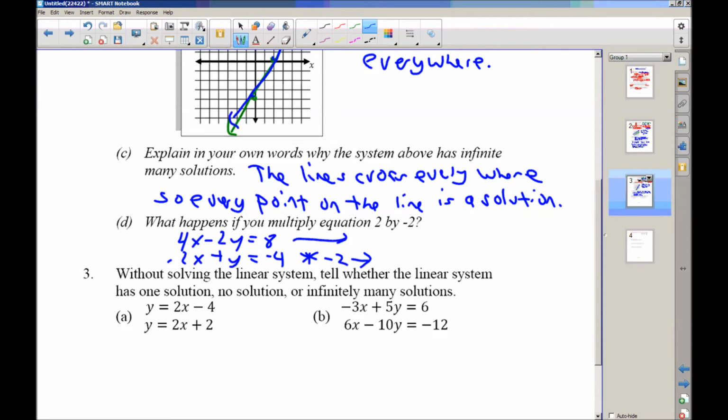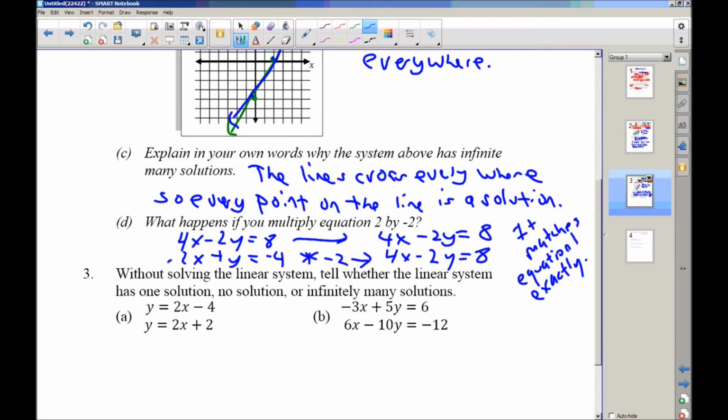Doesn't say to do anything to the top one, so we'll just rewrite it. So this is 4x minus 2y equals 8 on the top one, and timesing the bottom one by negative 2, I also get 4x minus 2y equals 8. So what happens if you multiply equation 2 by negative 2? It matches equation 1 exactly. Okay, and that's because they're the same line.